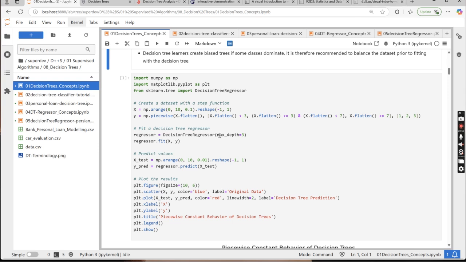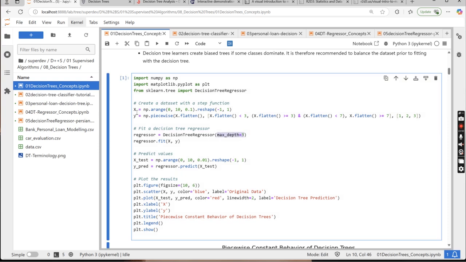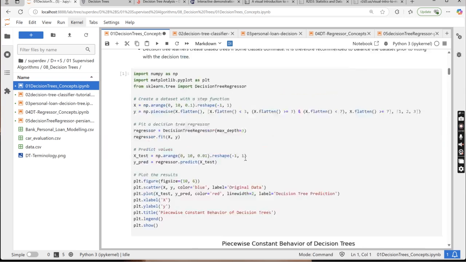Yeah, so that's why we specify the max depth. It will stop functioning only if certain criteria are met. Either it is done segregating the data into pure splits, that is one condition. Second condition, it will continue until the max depth is reached. Third condition would be, let me just execute this.